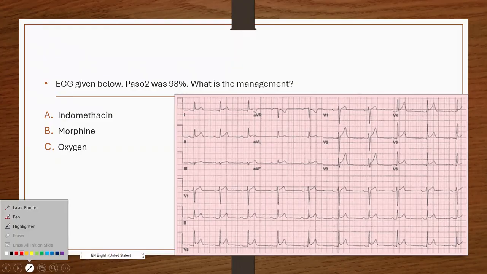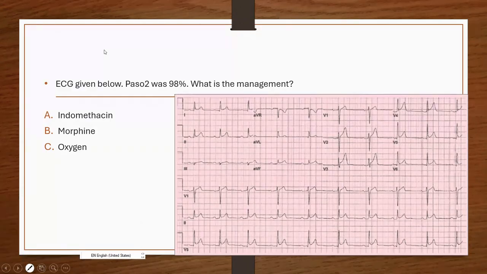I'll give you some time to think about this. So you have three answers here. Answer A is indomethacin, answer B morphine, and C oxygen. So what do you guys think? I'm getting a couple of answers, but I'll wait for the majority of the group to respond.